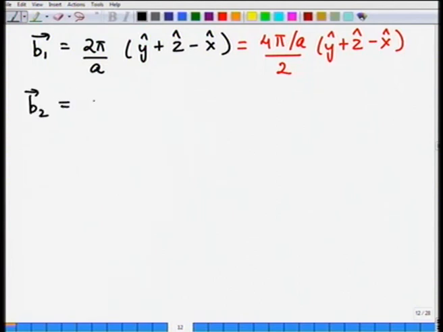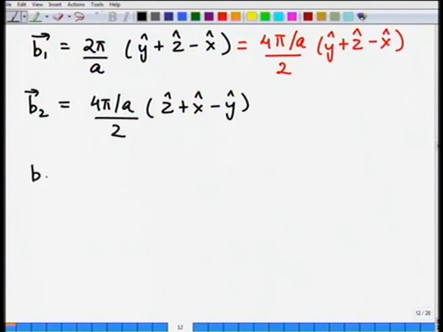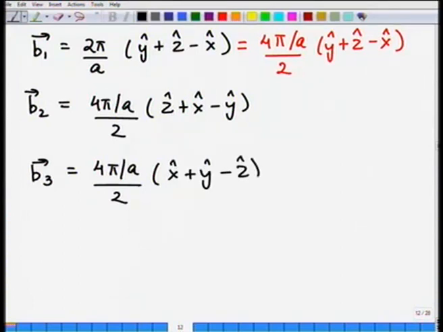So, I am going to write B2 again as 4 pi by a by 2 times (z plus x minus y), and B3. This I am presuming you can now do very easily, because formulas are there, all it is a matter of taking cross products, nothing else. (x plus y minus z).